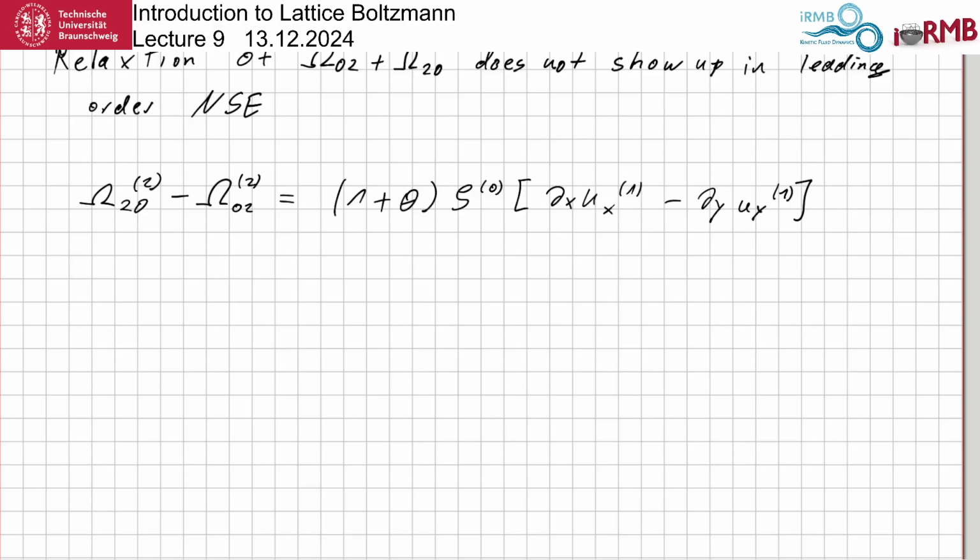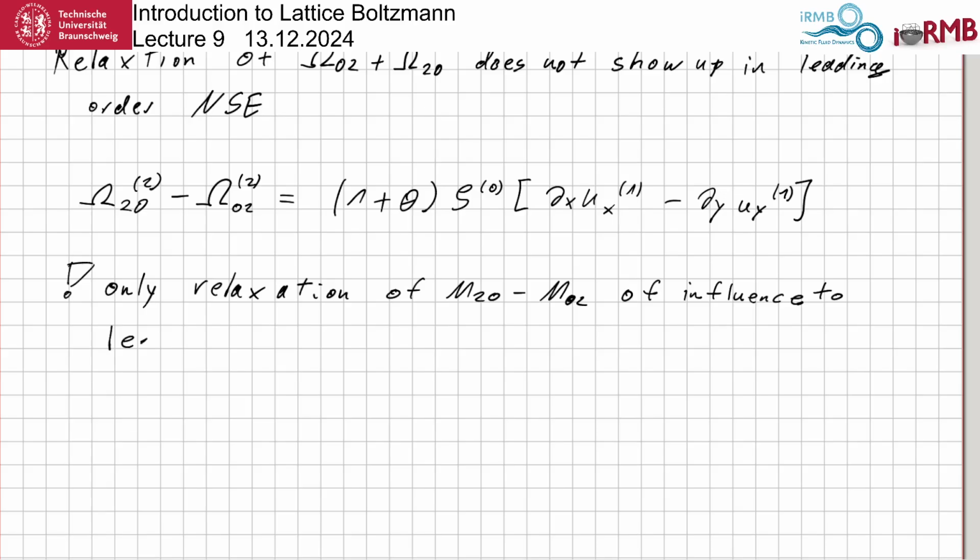Because this guy still is important. So the relaxation of the difference is of influence to leading order. So here we have to use our BGK collision frequency.